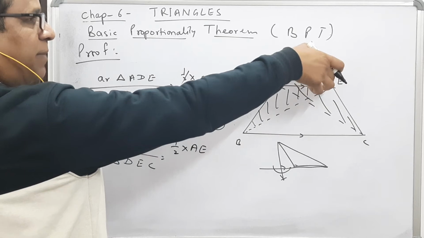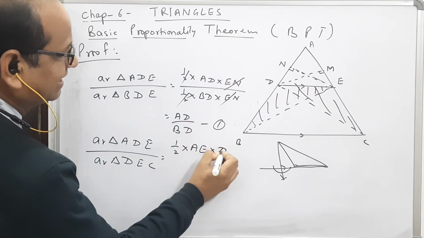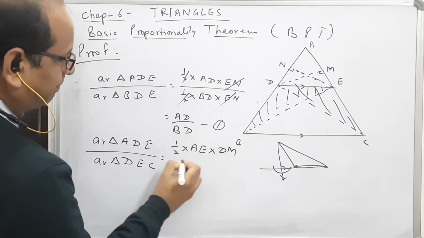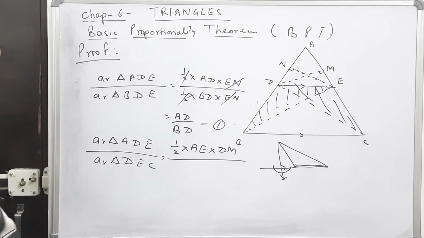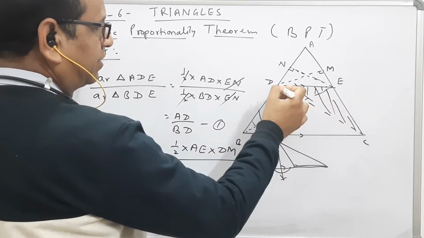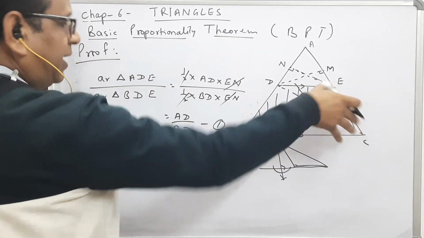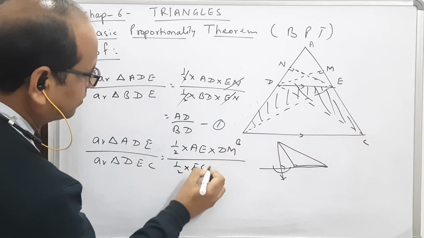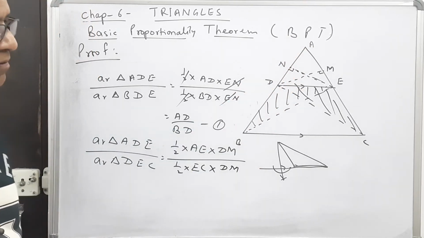This time I am taking base as AE, then the altitude will be DM. And in this triangle, the half into the base will be EC, and the altitude will be DM, as we have done in the previous one.